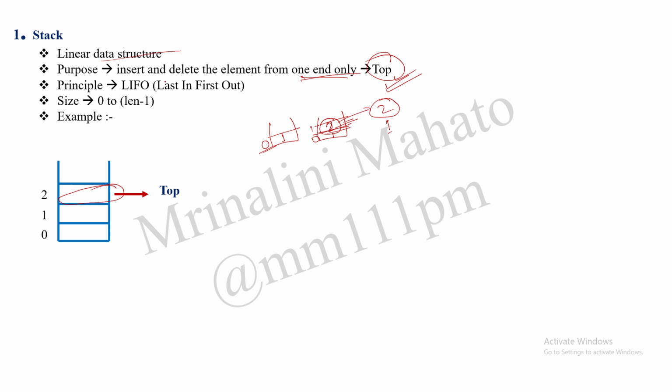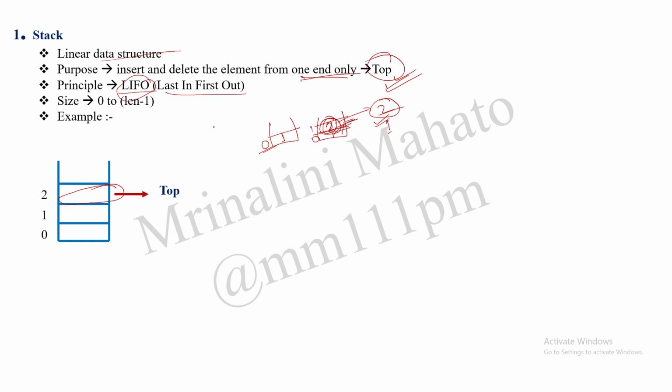So that is why, which type of principle will it follow? That is LIFO, last in first out. Why? Because you can see that here I have inserted last, but taking out first. So last in, first out. So short form is LIFO.